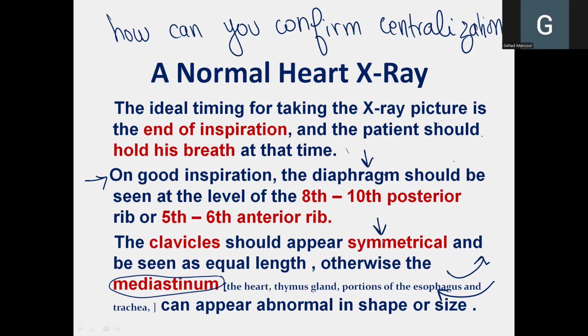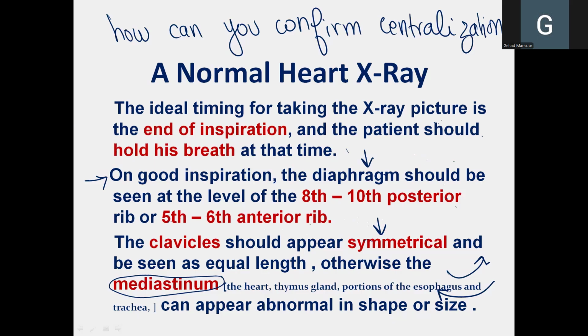So again, we're going to talk about the symmetry of the clavicles. If the diaphragm is at the level of the 8th to 10th rib posteriorly, then the patient is in deep inspiration. Or, in other words, if the diaphragm is at the level of the 5th to 6th anterior rib.